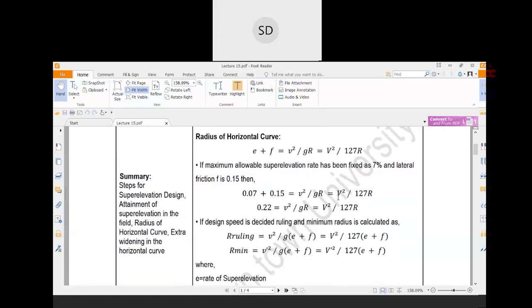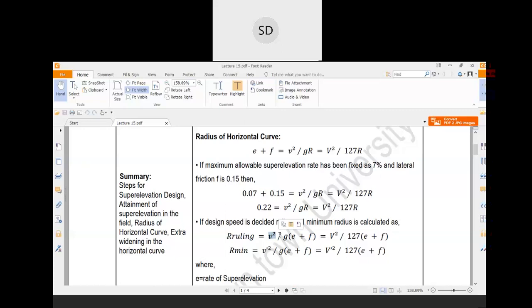Now there are 2 types of radius: one is the minimum or ruling radius of the curve, and another one is the maximum or desirable radius of the curve. For the minimum or ruling radius of the curve, in case of V, you will put the design velocity.